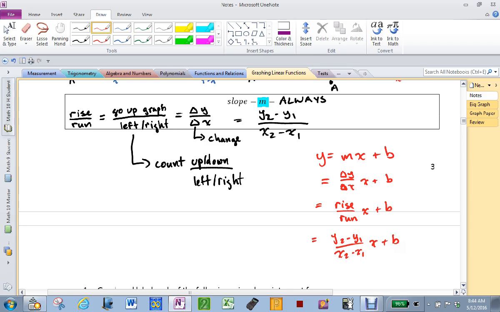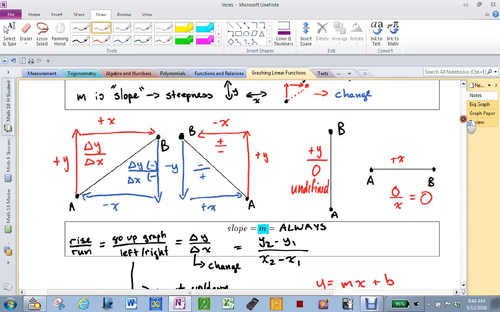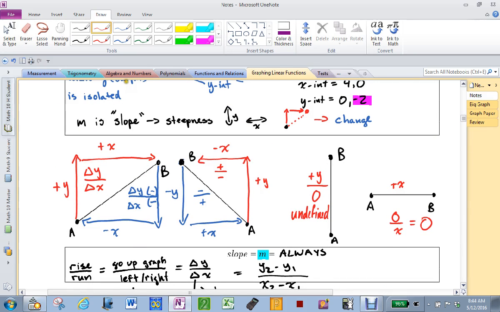Does everybody understand? Since all of these are slope, any one of them can go into the equation. And if the equation has our output isolated, it automatically gives us our slope. Is everyone okay with the theory?